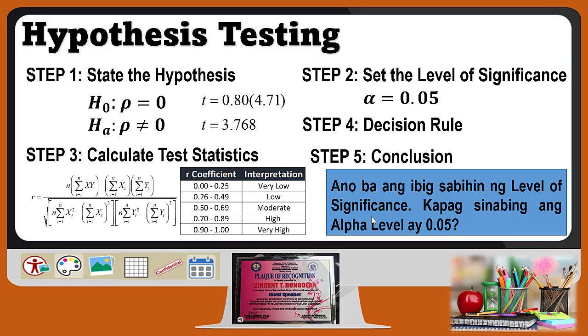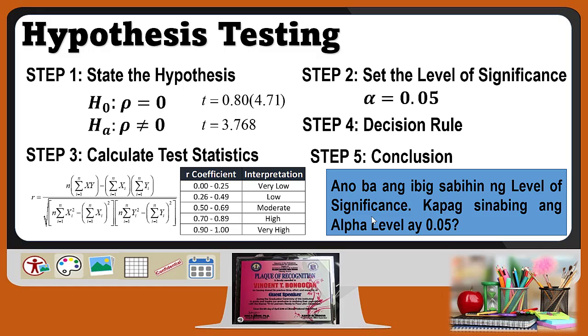Remember again, guys, the null hypothesis: there is no significant correlation between the money spending and the sales of the company. And the alternative hypothesis is that there is a significant correlation between the money spent for advertising and the sales. And then step 2 is set the level of significance.